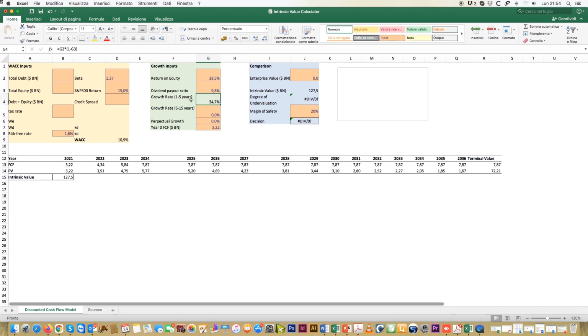Here we have an expectation for the next few years. This is the growth rate that will happen in the next few years if the company continues to grow on this pace.